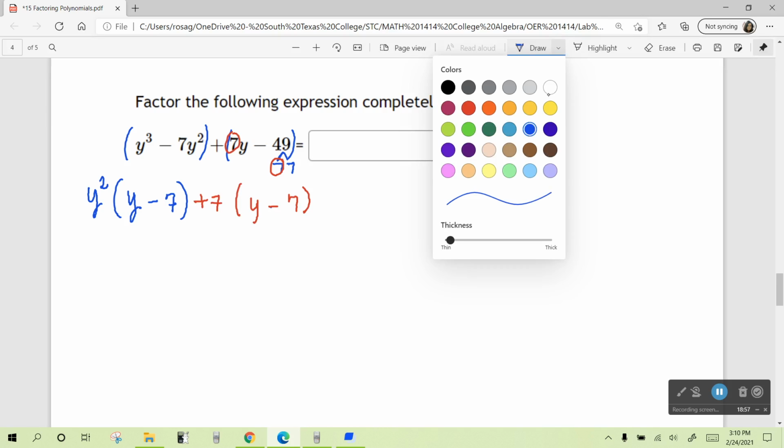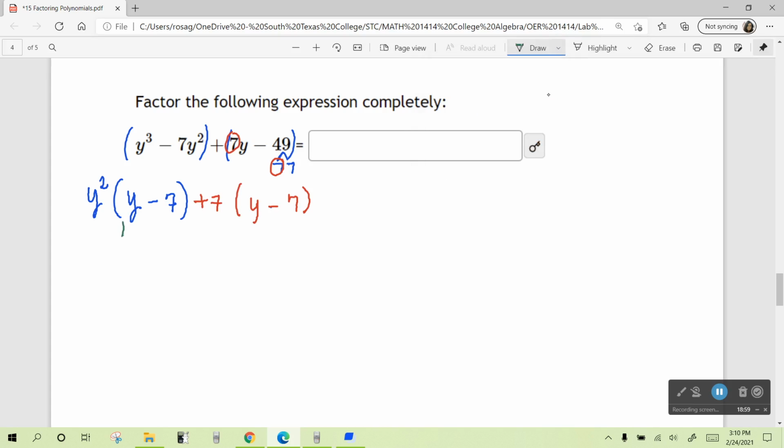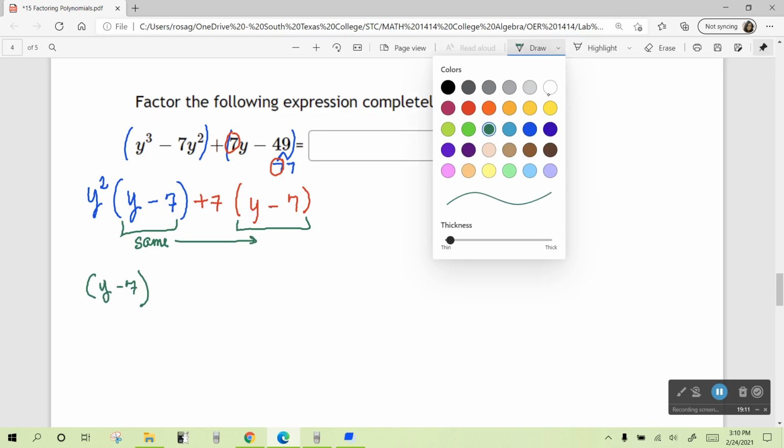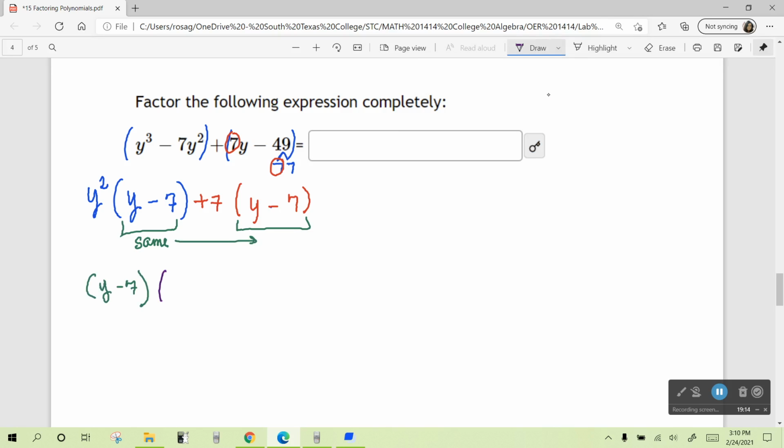The goal of these is that this is the same as this. Because if it is the same, then you write it once. And then the other parentheses is going to have what you have outside the parentheses.